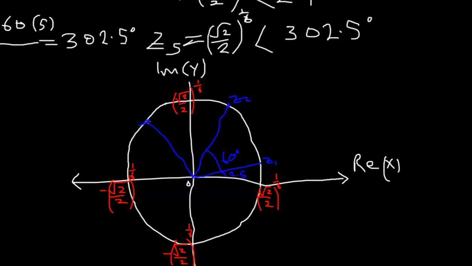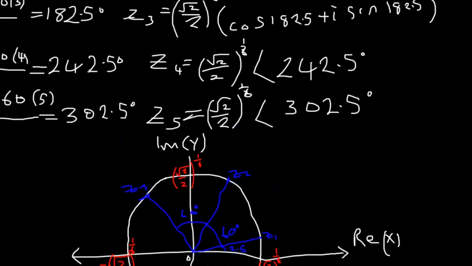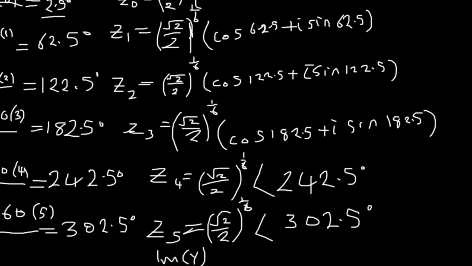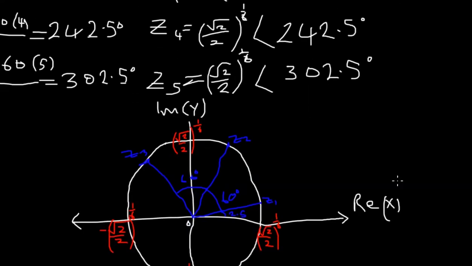Sorry, this is going to be Z3. So this is 60 and then another 60 there. Sorry, this one was Z0, this one Z1, not Z2, and then this one will be Z2.